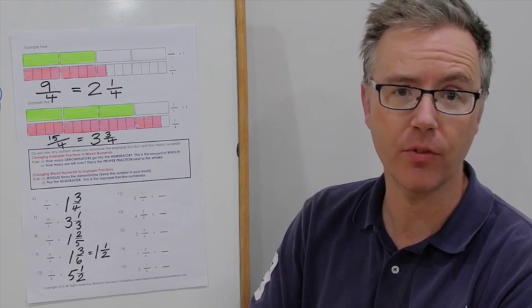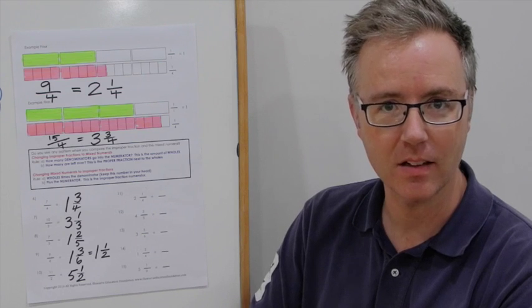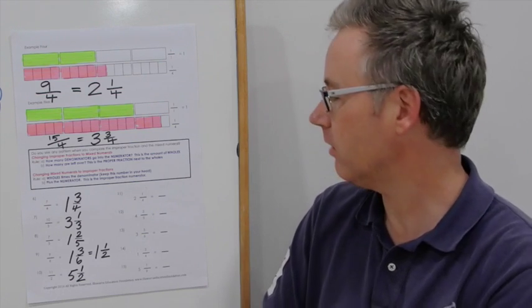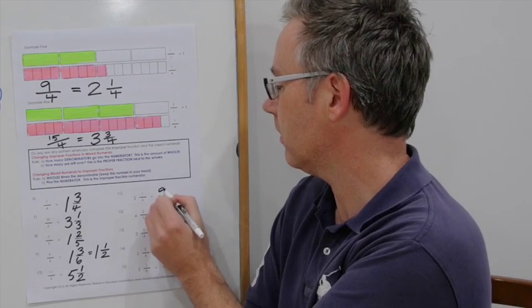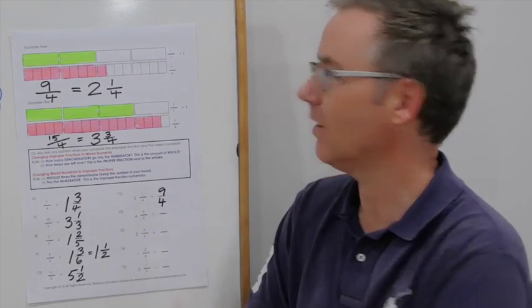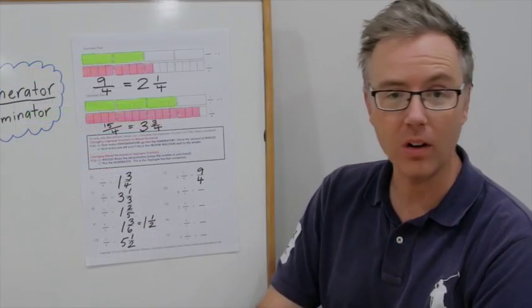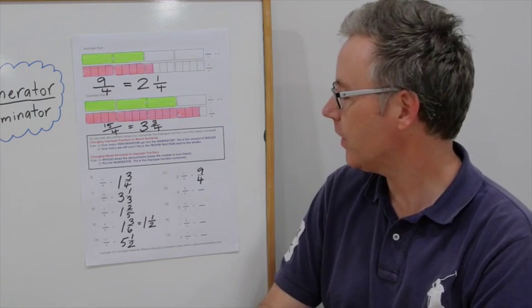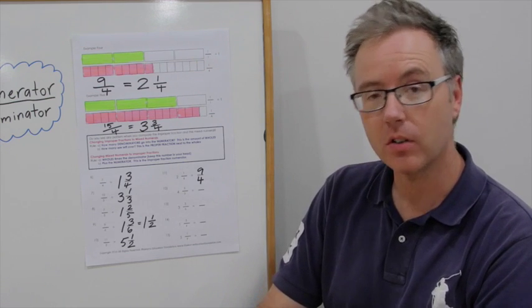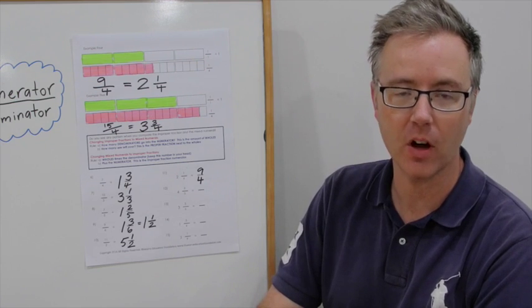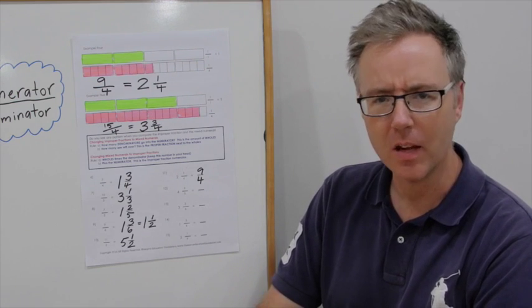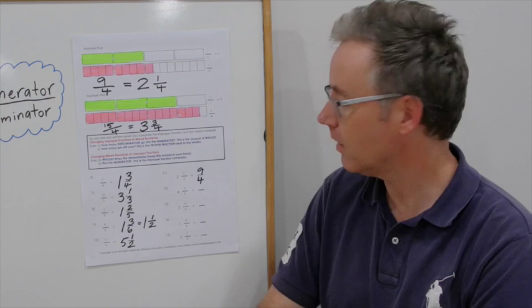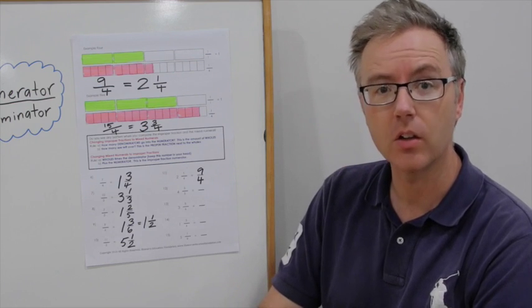We say 2 times 4 is 8, plus 1 is 9. 9/4. 4 3/5. We say 4 wholes times the denominator, which is 5. 4 5s are 20. Keep that number in your head. Plus the 3, 23.